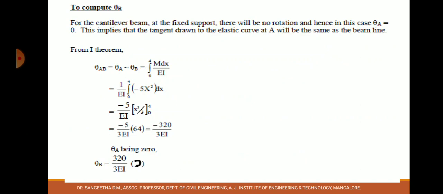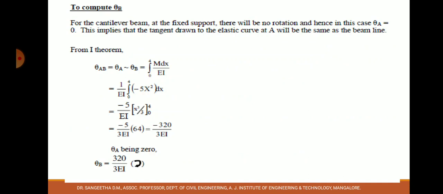To proceed with that, we have to compute theta B. Theta B is the slope at B. From the first theorem, theta AB is equal to theta A minus theta B. For the cantilever beam, at the fixed support, there will be no rotation and no deflection, and hence in this case theta A is 0.